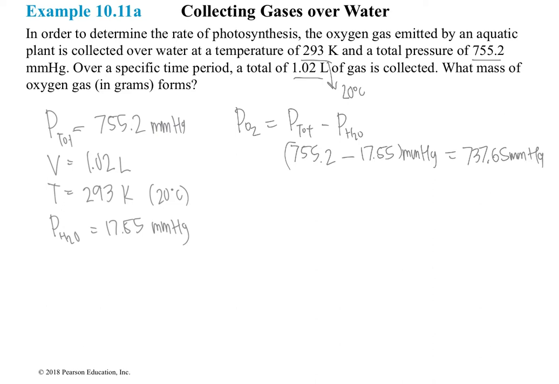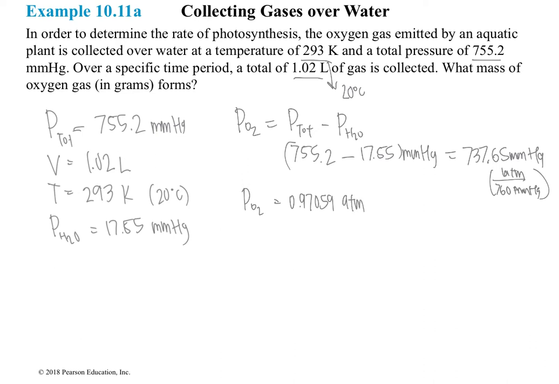So I can convert that into atmospheres by dividing by 760. So my pressure of oxygen is equal to 0.97059 atmospheres.